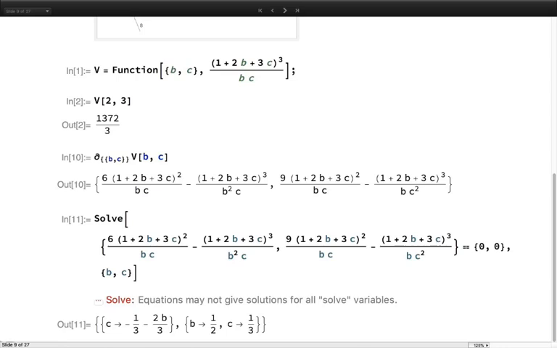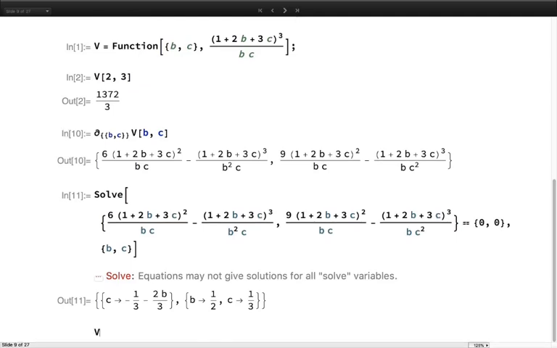Solve often spits out some error messages. We have some critical points. Notice here though, C and B have opposite signs for the most part. So we have this solution right here: B is a half, C is a third, and that's the relevant one for what we want to do.